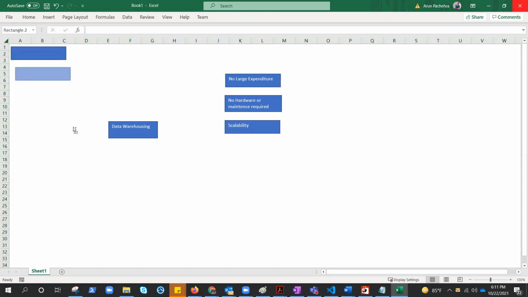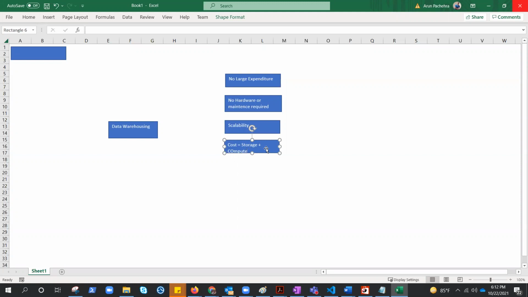Now one more, cost. We all know about the cost, but here is something interesting. Cost is another factor. Why? Because on top of all the other reasons we have written down till now, in cloud we have separate costs for storage and compute.